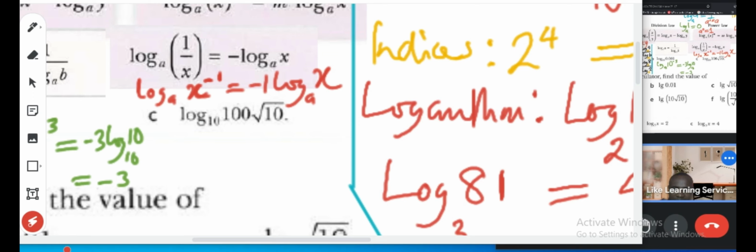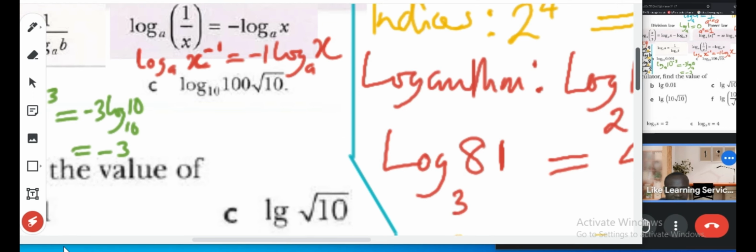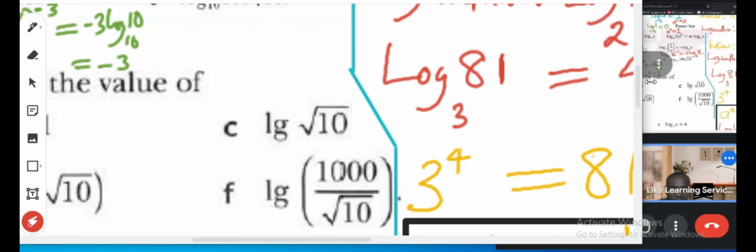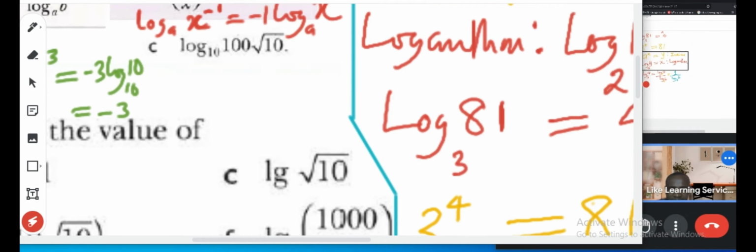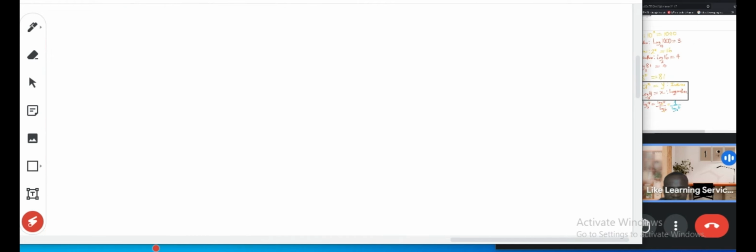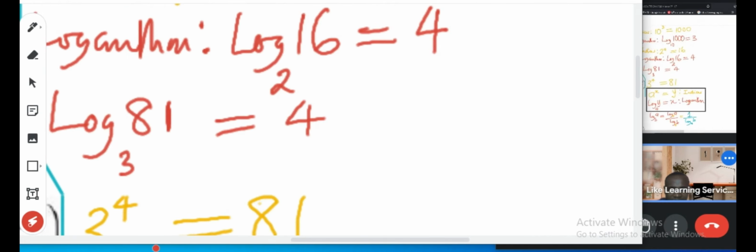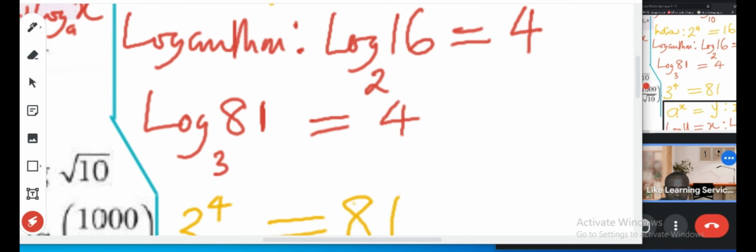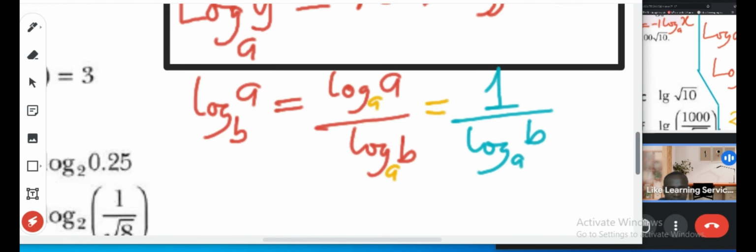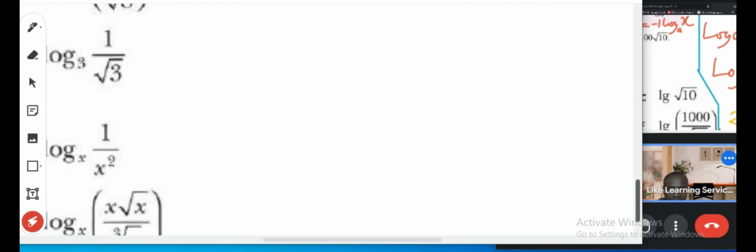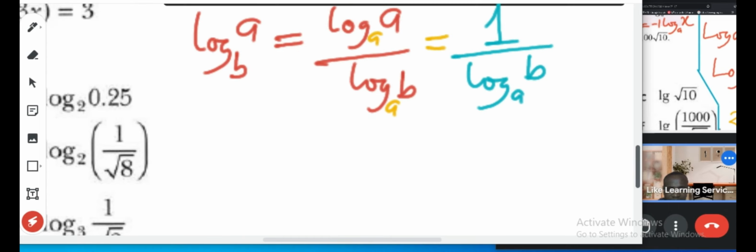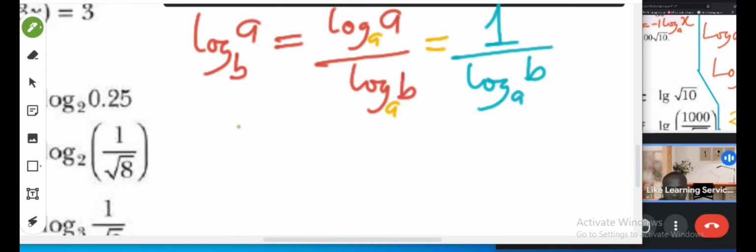We need enough space. Log in base 10, 100 root 10. I need to help you to solve that one. I'll give you one that you solve. Let me write it below. Log in base 10, 100 root 10.